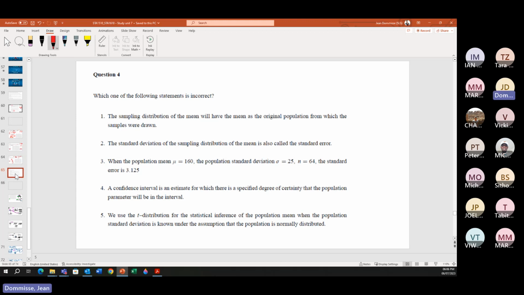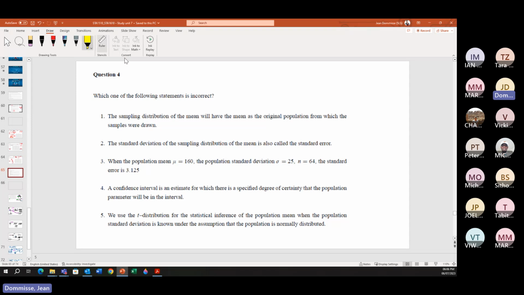Then there were questions around the standard error. And now they give you a lot of information that can be used in a definition question. If you look at this, you will even see that maybe in option 3 you need to calculate something.